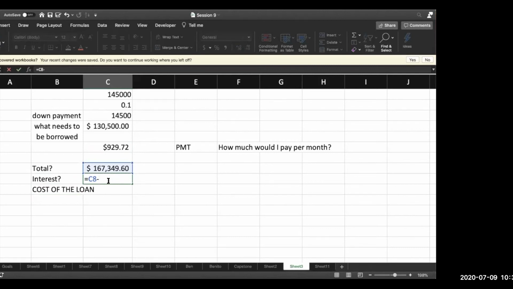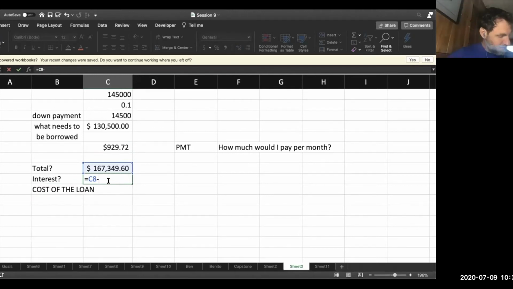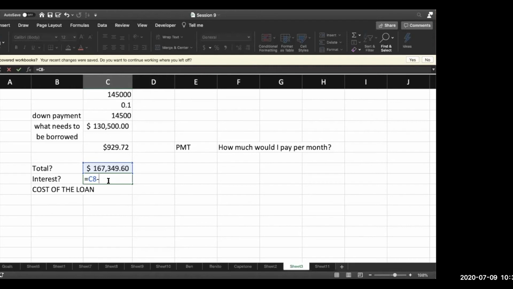The beginning of the balance, which was whatever the loan was. Right. And what number is that? Okay, that would be the 145.